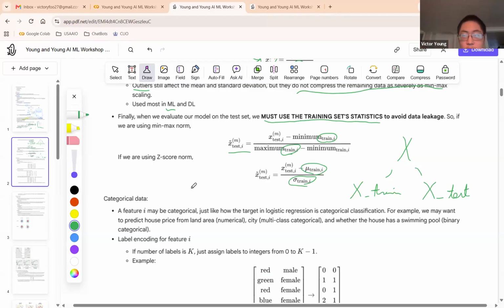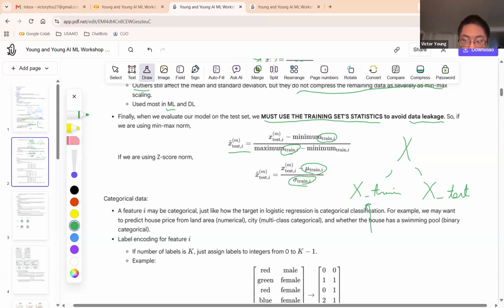So first of all, that's very inaccurate. Second of all, there is data leakage. So that is why we need to normalize X test using X train's statistics. And tomorrow in code we will show that.